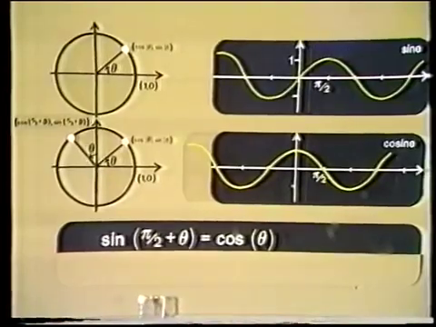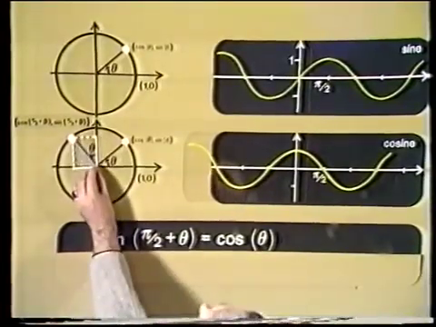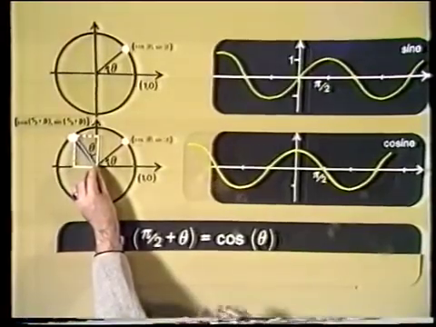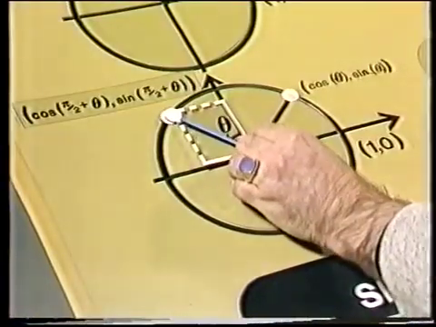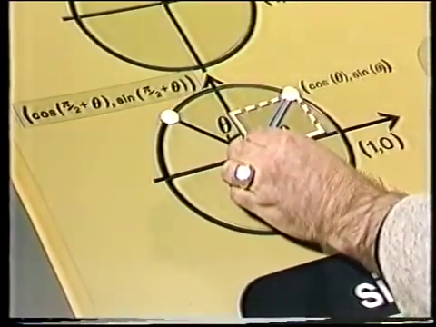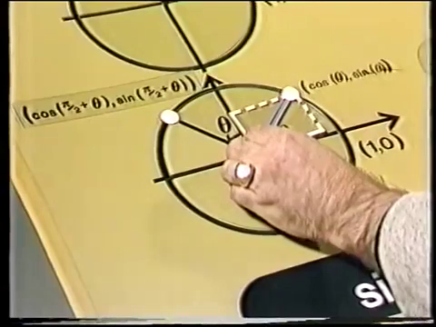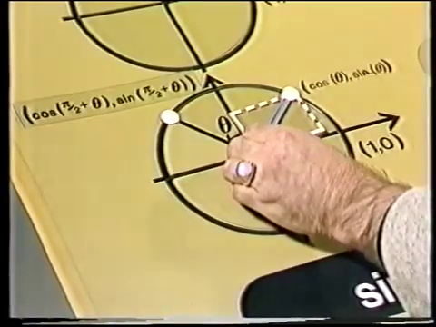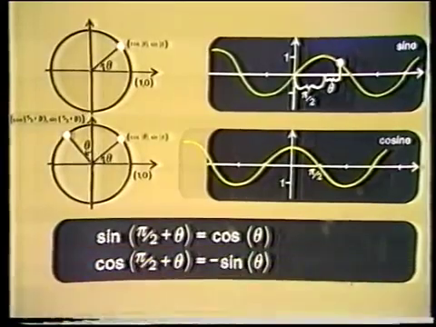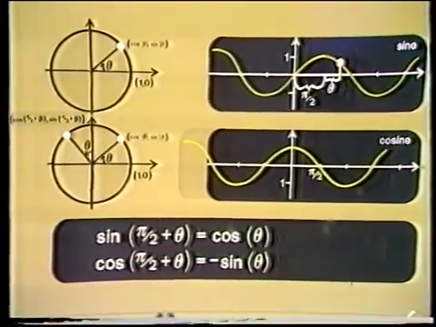Well, we can do the same thing for the other coordinate. The x-coordinate of the rotated point, well, it's negative, and it's the horizontal length. But it's the same as this height, and that's the y-coordinate of the original point. So, the cosine of pi over 2 plus theta is equal to minus sine theta.